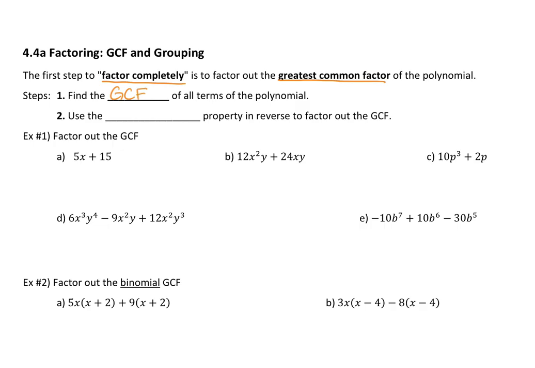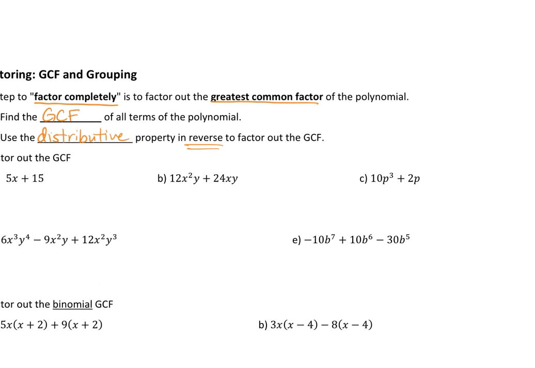terms of the polynomial. Step two is you're essentially going to use the distributive property, but in reverse, to factor out that GCF. And really what it ends up looking like is division a lot of the time. If you think about the distributive property, if you have like 2x times x minus 4, right?